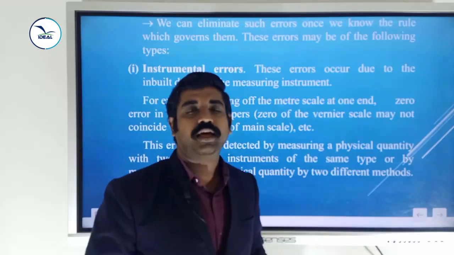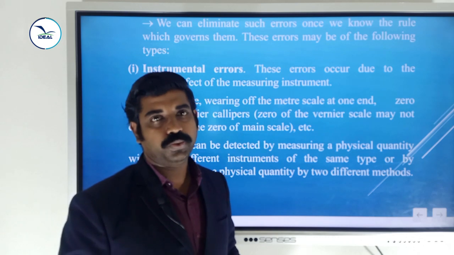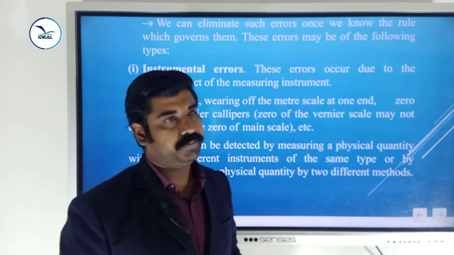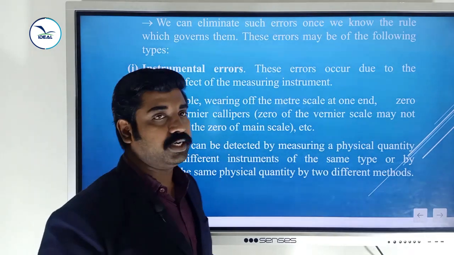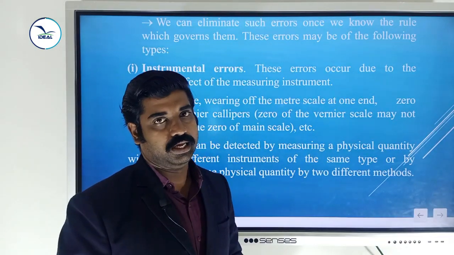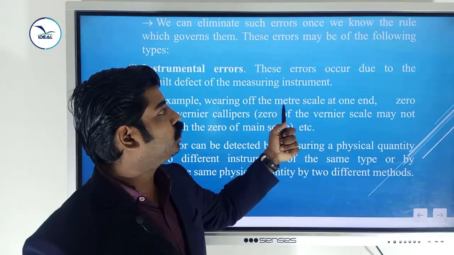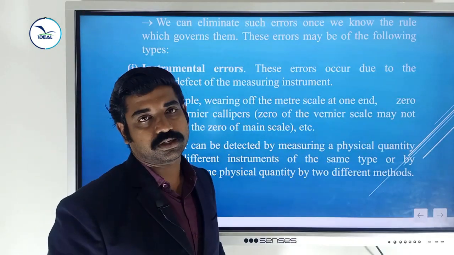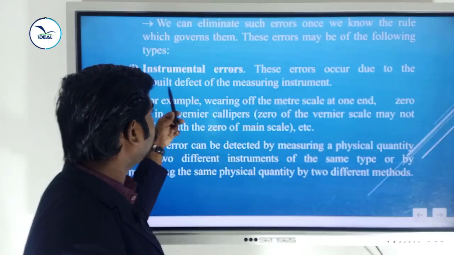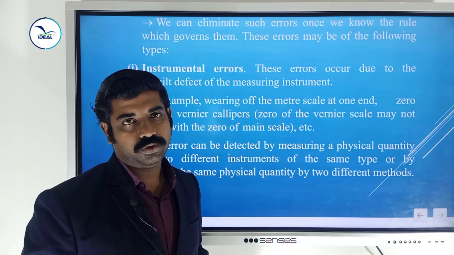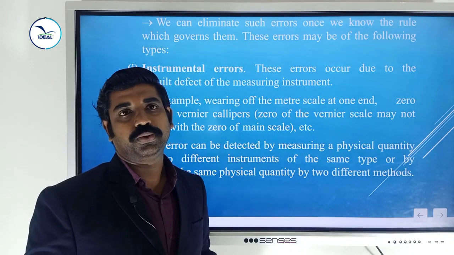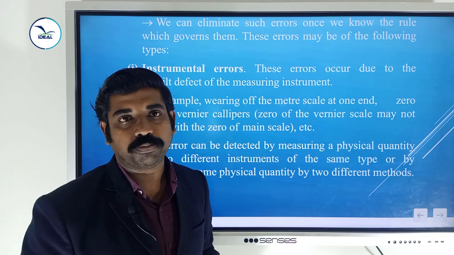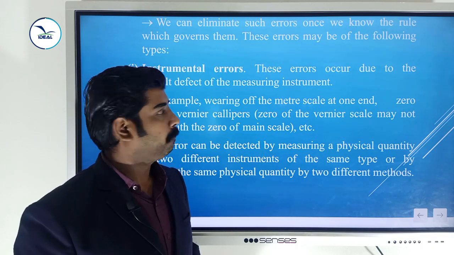Systematic error can be classified into some other divisions. The first one is instrumental errors, because it is due to the inbuilt defect of a measuring instrument. It occurs due to the defect in that measuring equipment.